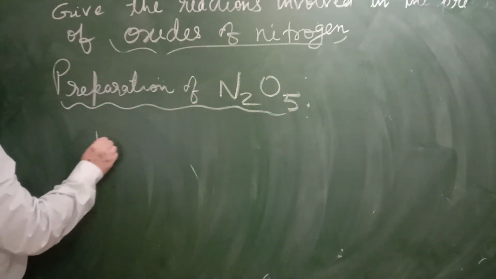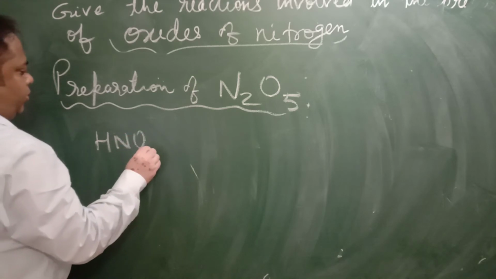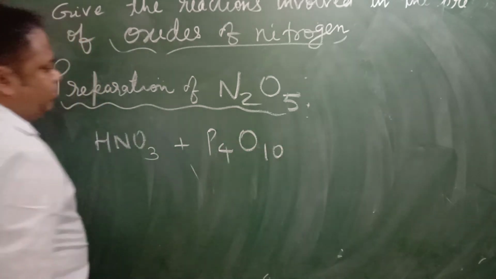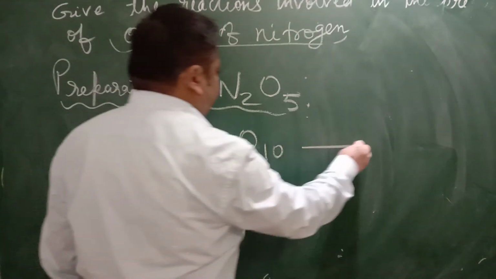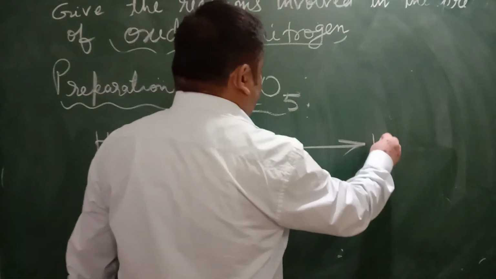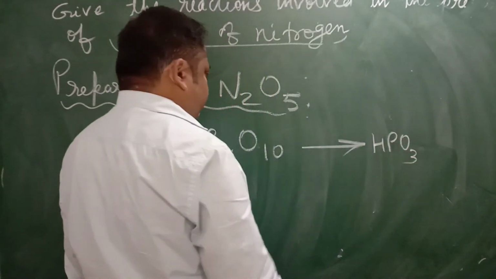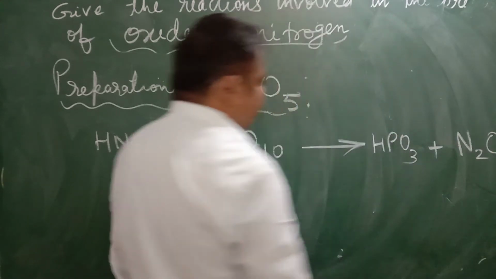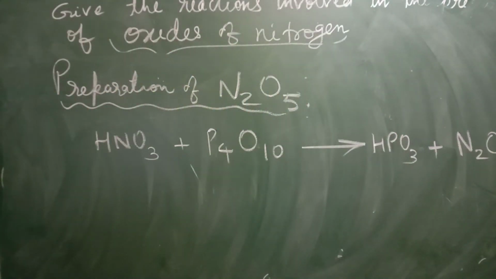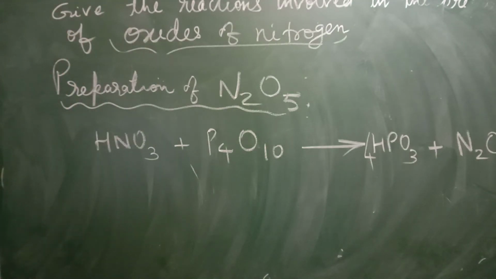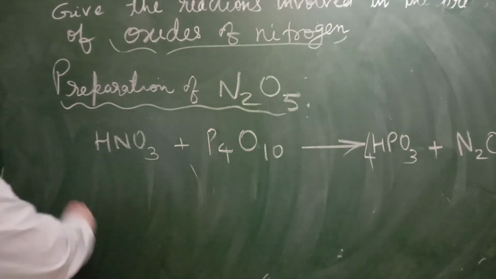So we'll take HNO3 plus P4O10. So this will form HPO3 plus N2O5. We'll balance it now. This is 4, so we'll make it 4. Their nitrogen atoms are 2, so we'll make it 2.